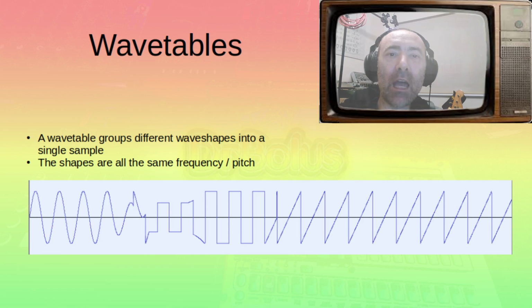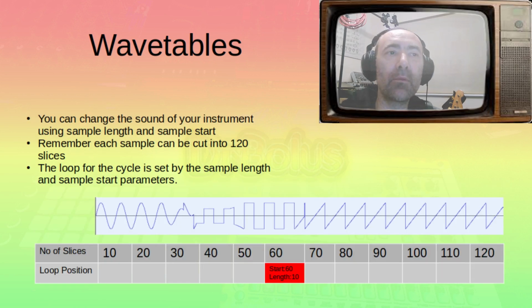Wavetable is where you have a fairly short sample which has lots of different shapes of wave, all at the same frequency / pitch, so that you can change the sound and retain the pitch as you move along the wavetable. Remember, on the model samples, every sample can be cut into 120 pieces.